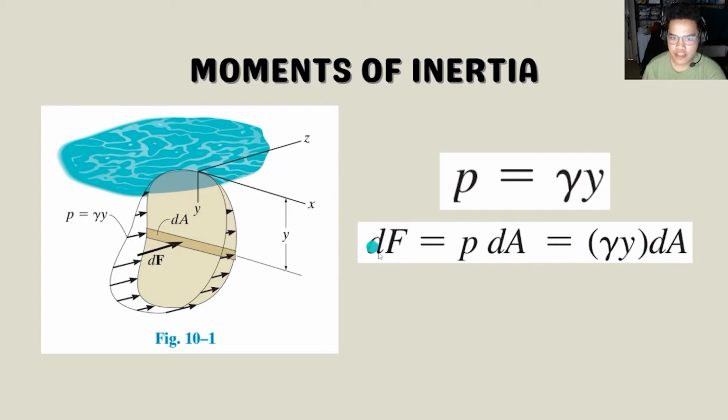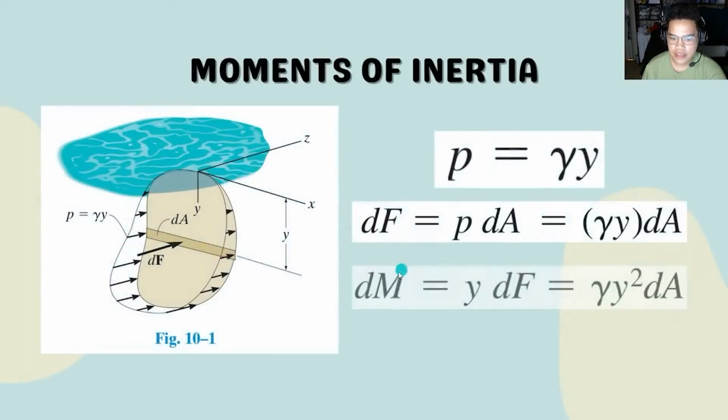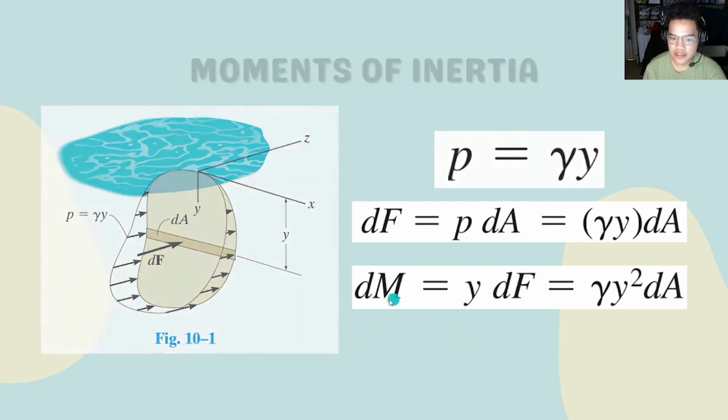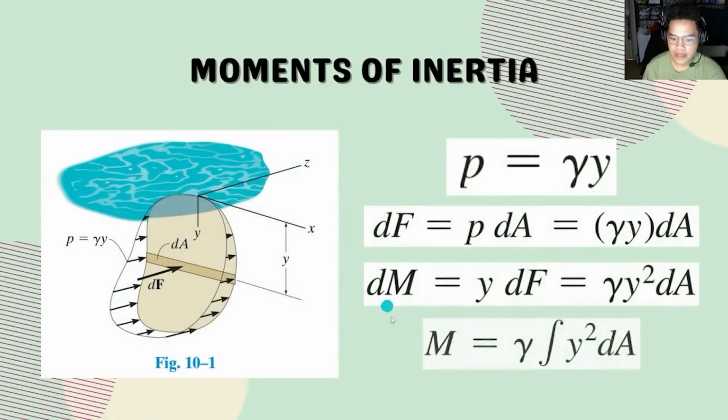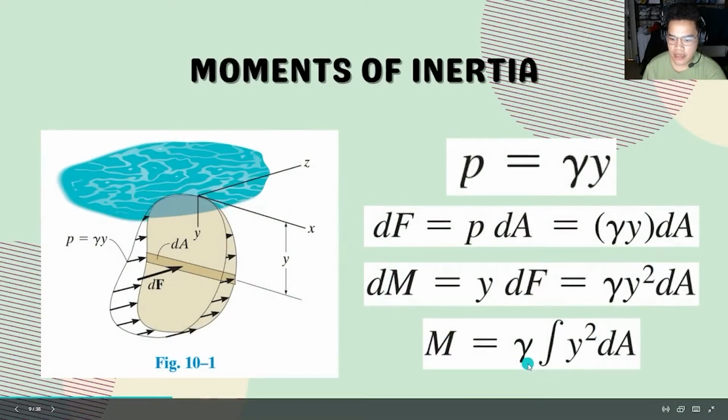The moment of this force about the x-axis is therefore dM is equal to y dF equals gamma times y squared dA. By integrating dM over the entire area of the plate yields M is equal to gamma times the integral of y squared dA.